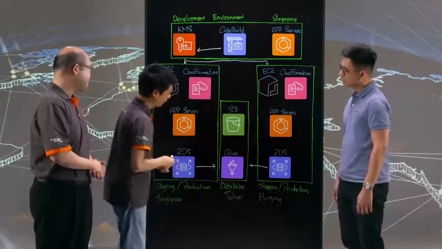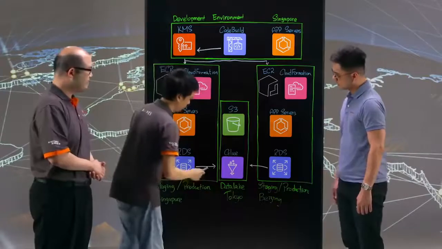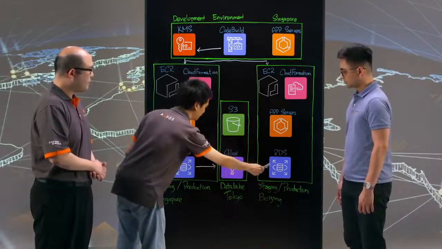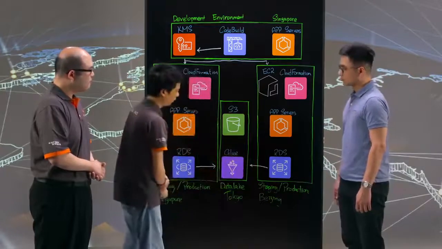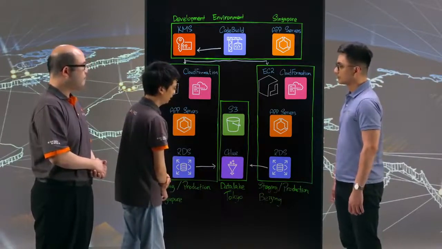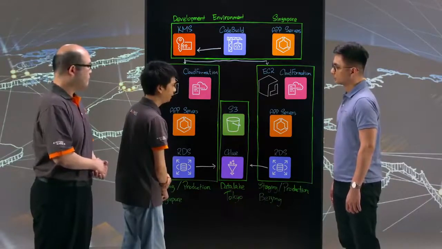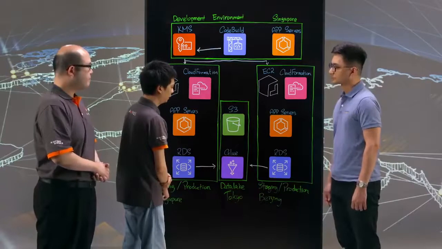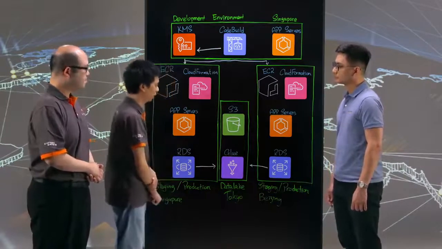For the connection between Glue in Tokyo and RDS in the China region, for our first version we use the internet connection, but this is not the best practice. In the future, we are going to use Direct Connect to make it more secure and more stable.